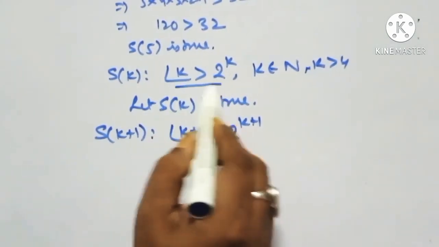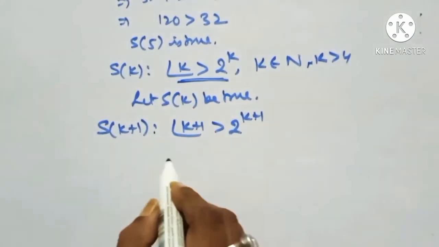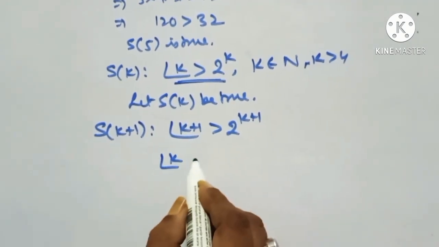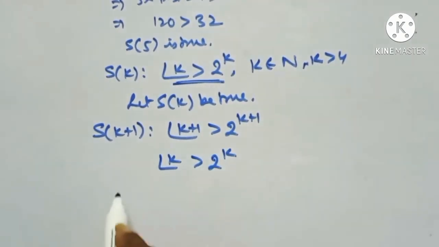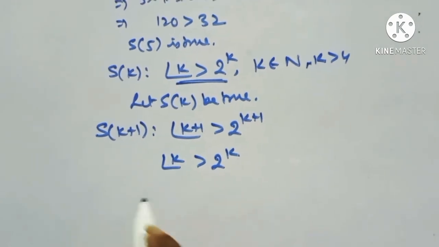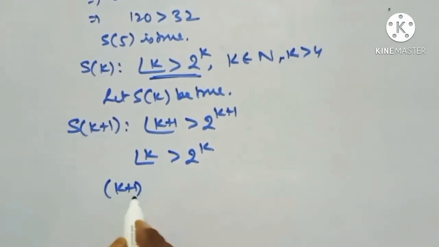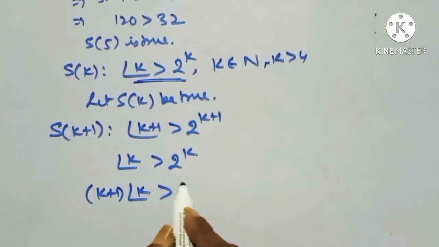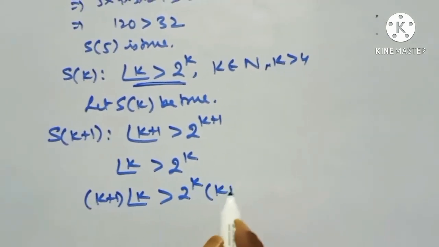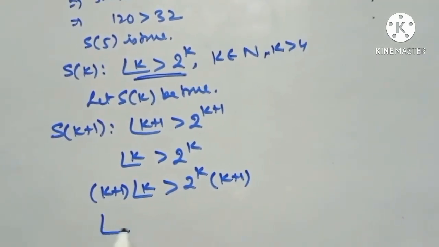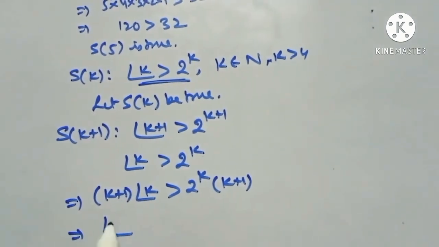As we know this statement is true, I am going to start from this statement: factorial k greater than 2 to the power of k. Now I am going to multiply both sides by k plus 1. So k plus 1 times factorial k greater than 2 to the power of k times k plus 1.